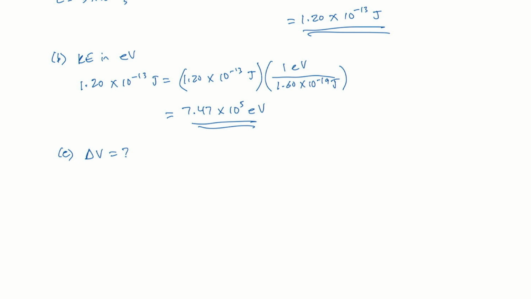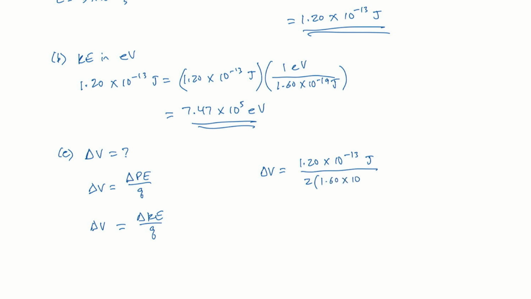Okay, so we know potential. Change in potential is the change in potential energy per charge. And so we can say the change in potential is the change in kinetic energy per charge. Okay, so our delta V is the kinetic energy we just found, 1.20 times 10 to the minus 13 joules, divided by Q. Well, Q was 2, there's 2 of them, so we're going to have 2 times 1.60 times 10 to the minus 19 coulombs.